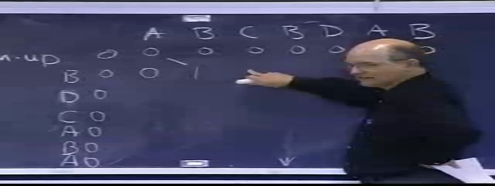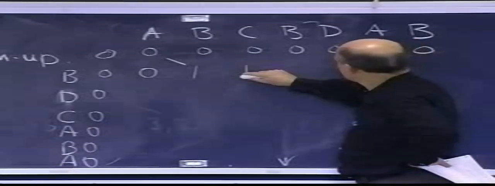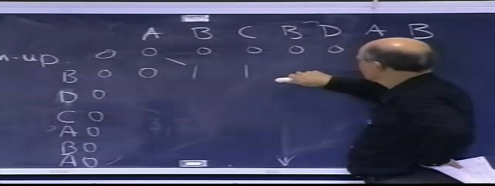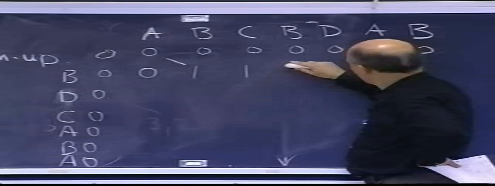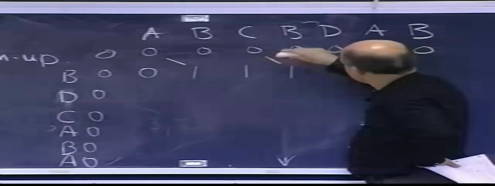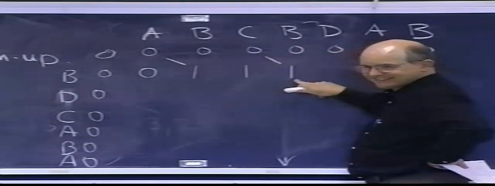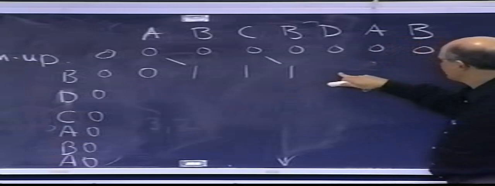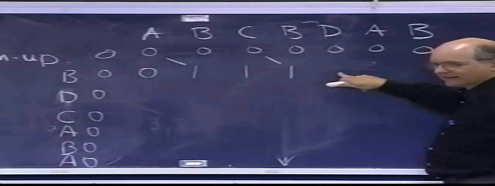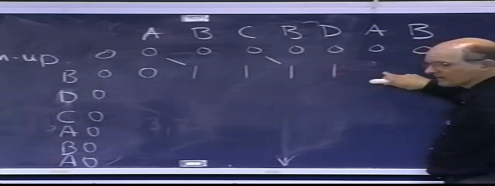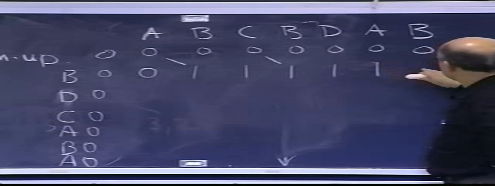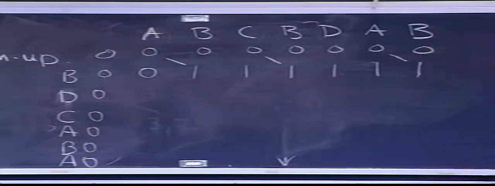Okay, what's this value here? 1. And I've got to put in a diagonal here because B equals B. One with a diagonal. Okay, so compute the whole first row.